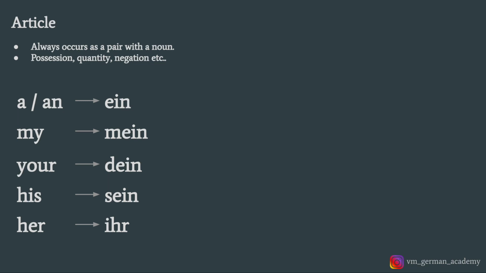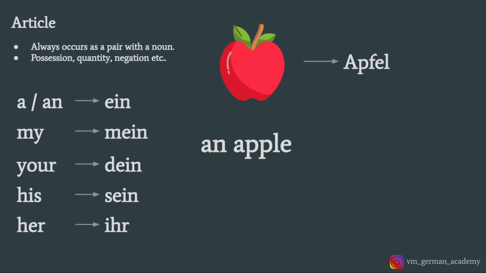Now let's consider an example. Apple. Apple is called Apfel in German. So if you want to say an apple, it would be ein Apfel. Similarly, if it were my apple, it would be mein Apfel.